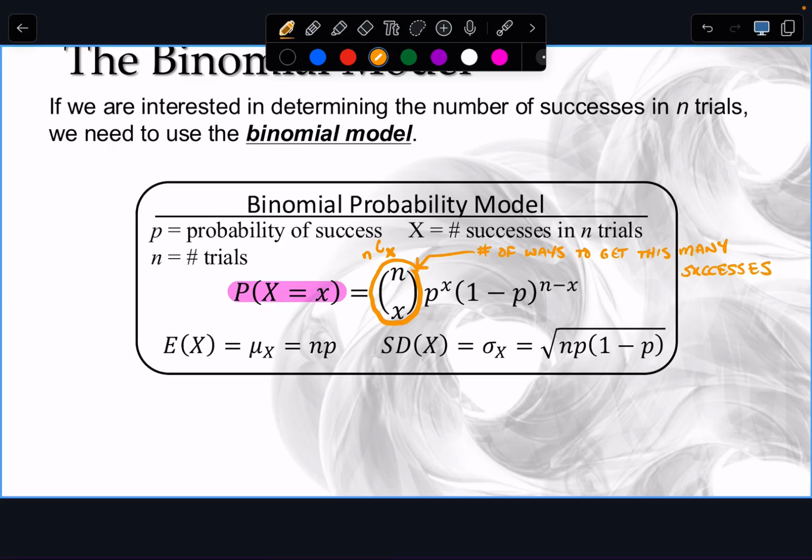Now the rest of this, again, if we think about this in terms of what these things mean, remembering this formula actually becomes fairly simple. So it looks really complicated, it looks really drawn out.